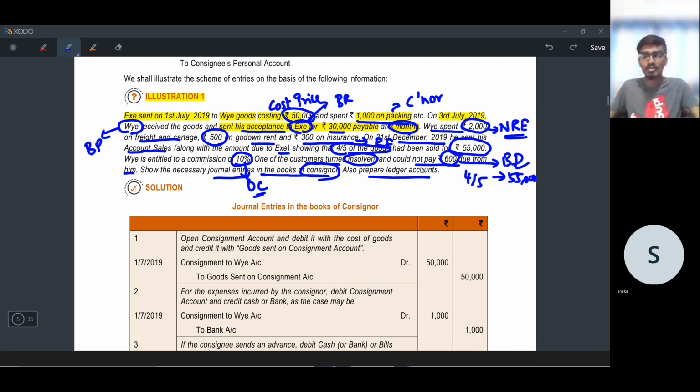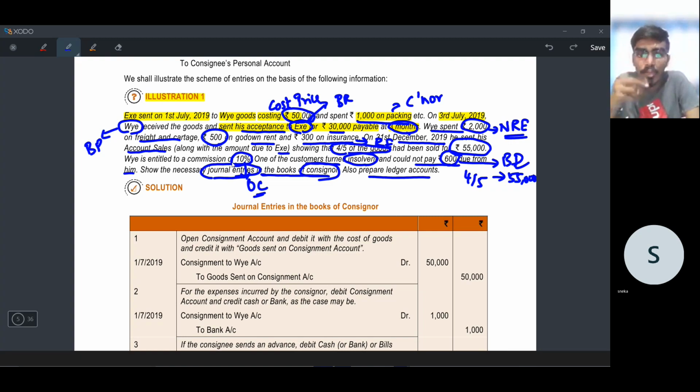What they are asking is to show the journal entries in the books of consignor and also prepare the ledger accounts. I will give you one important tip, kindly note it down. Till the last attempt, ICAI never asked journal entries in the CA Foundation Accounting main examination, not even journal entry type questions.